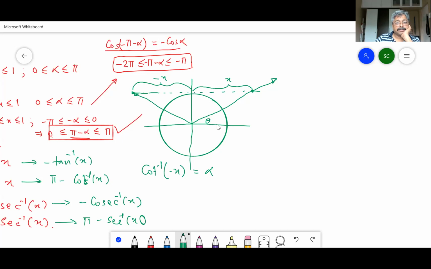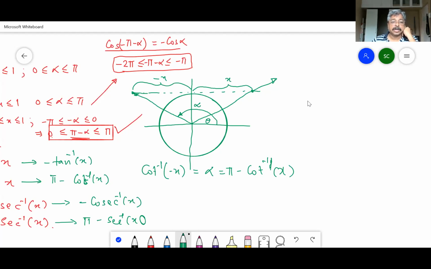So you are talking about this angle, alpha, and that is what you want in terms of cot inverse of x. Cot inverse of x will give you theta. Therefore they are related to each other. Alpha is related to pi minus theta. This is geometric.